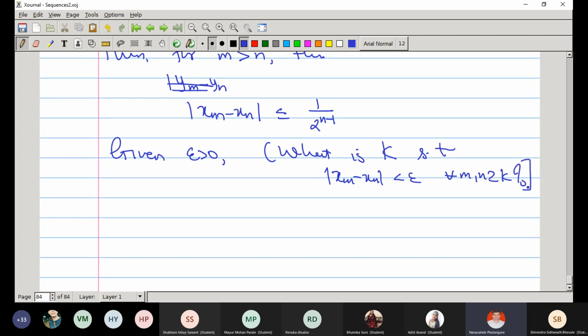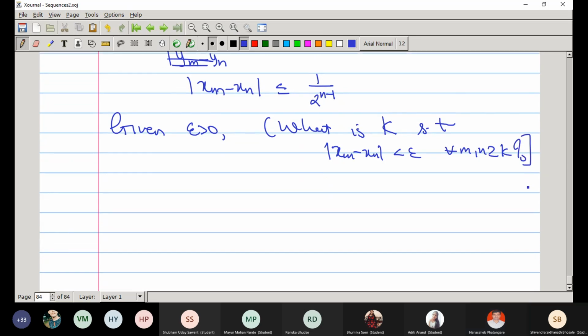Can you find k? 2 raised to k minus 1 should be greater than 1 by epsilon. So we should choose k such that 1 upon 2 raised to k minus 1 is less than epsilon.